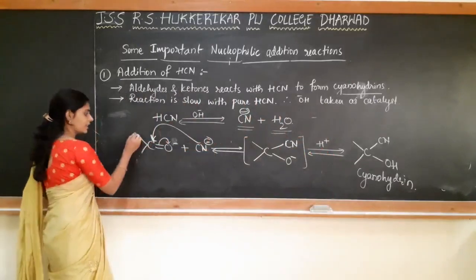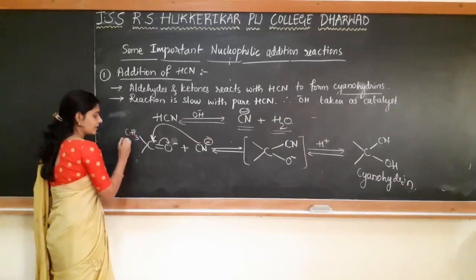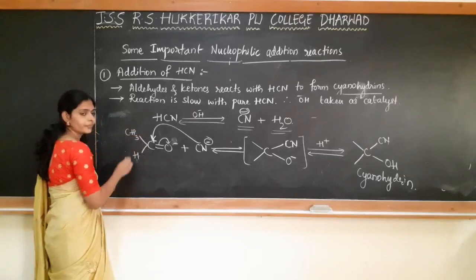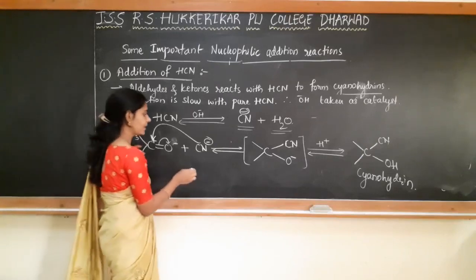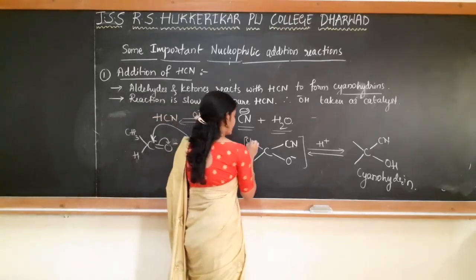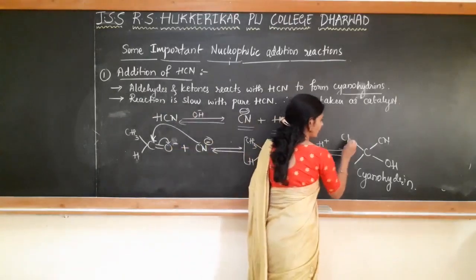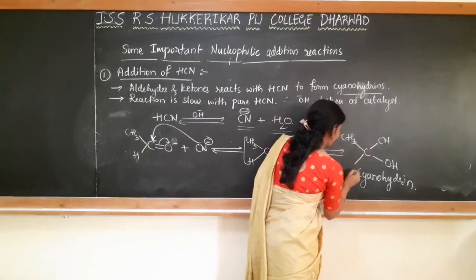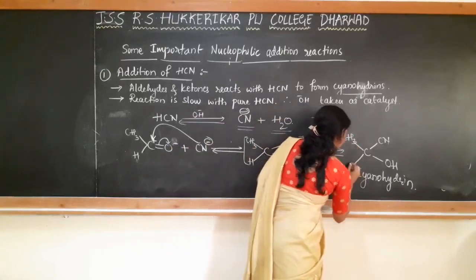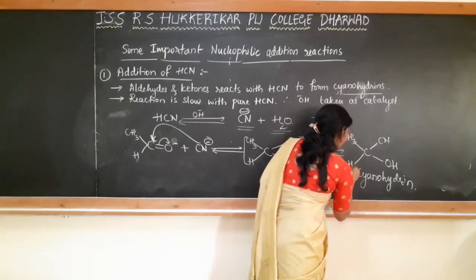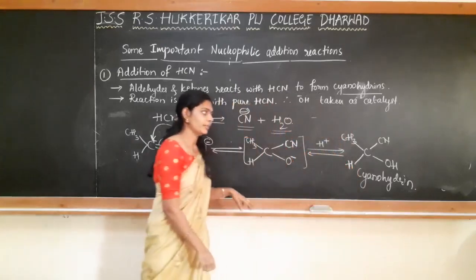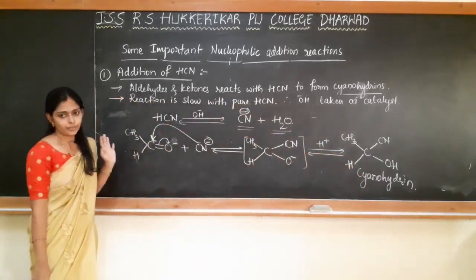For example, you can take any example here. You can write CH3CHO, acetaldehyde. When it is treated with HCN, there is a formation of acetaldehyde cyanohydrin. Like this we get the product.